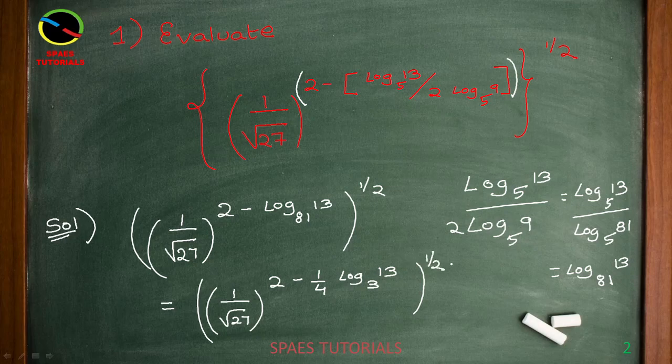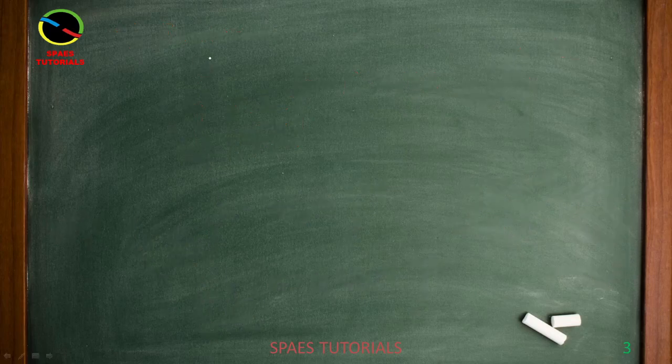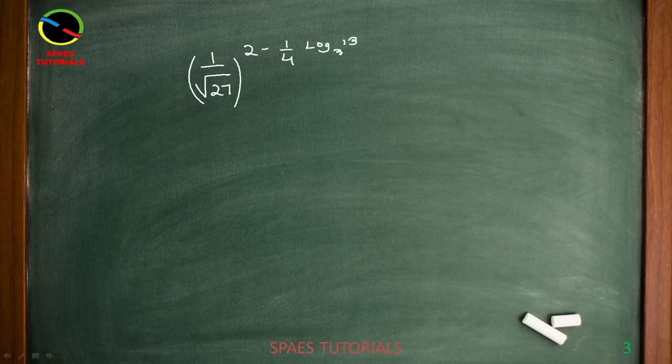Let me go to the next page. So our expression is 1 by root 27 power 2 minus 1 by 4 log 13 base 3, whole power half. Let's distribute that half to each and every term inside.